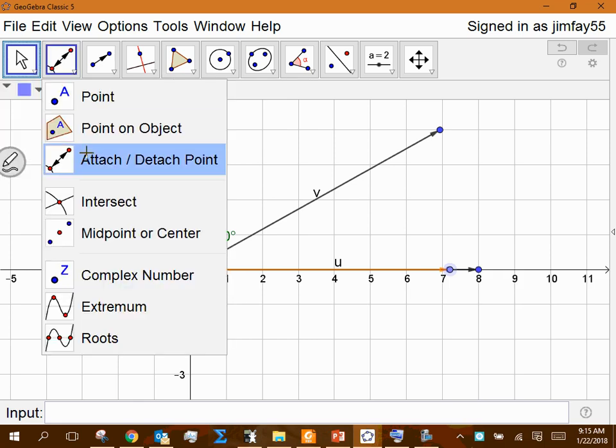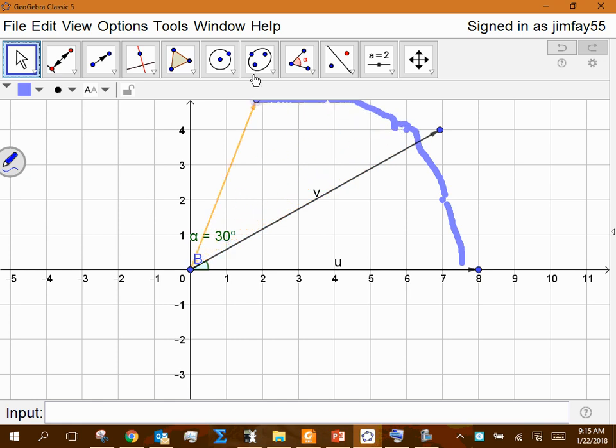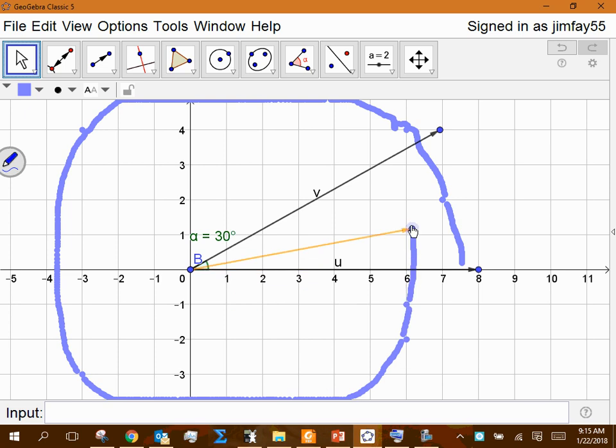Detach. Sorry. There you go. And I start tracing that thing, okay? It has now traced out a 30-degree angle, right? Well, if I start at that 30-degree angle and I start going all the way around again, okay? Everything that is blue now, all that tracing point, is how many degrees?